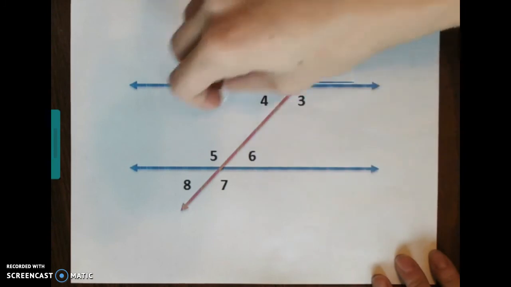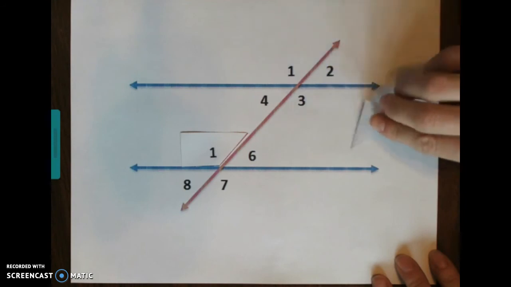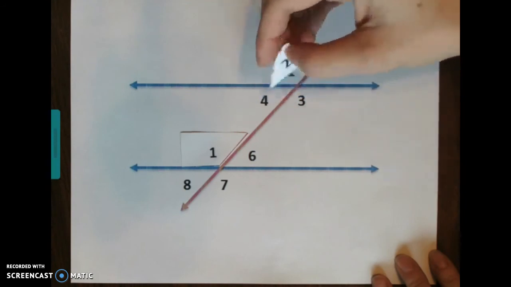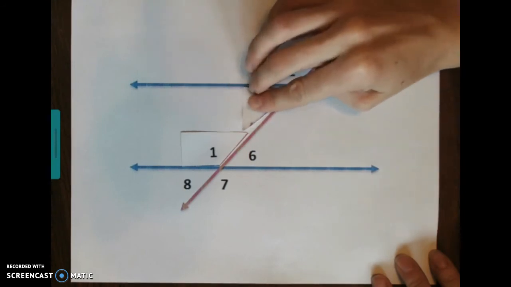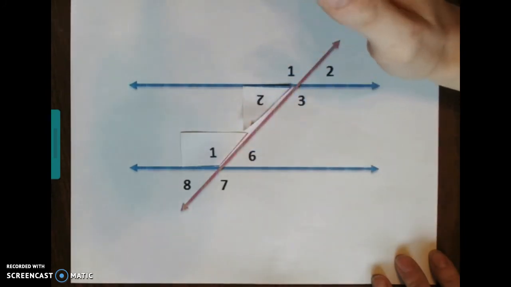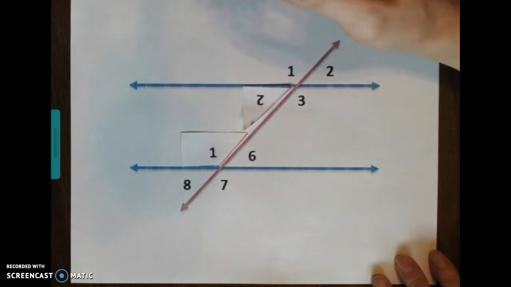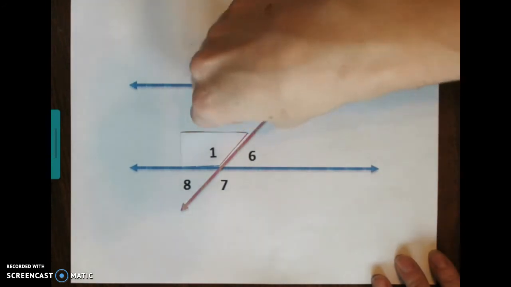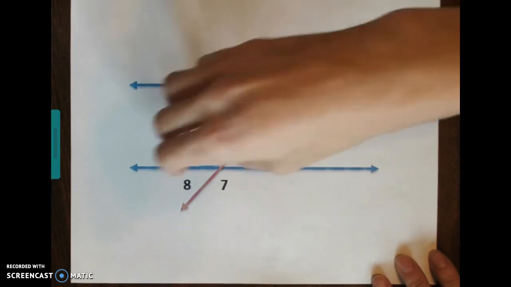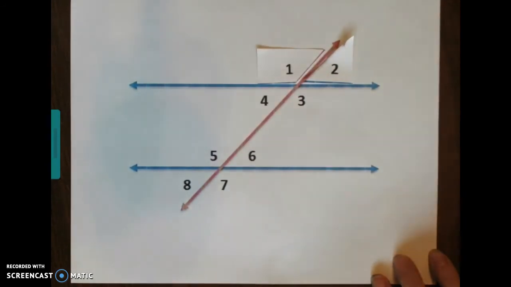The same thing, let's say that we are given angle 5, and we want to know angle 4. Now again, these aren't the same size, they're not congruent, but they are same side interior, and we know that same side interior is supplementary because we know that 1 and 2 are supplementary. 1 and 2 made a linear pair, so since they're congruent to 4 and 5, those also have to add up to 180 degrees.